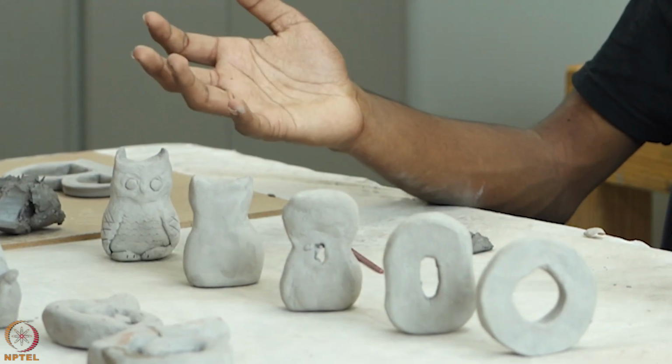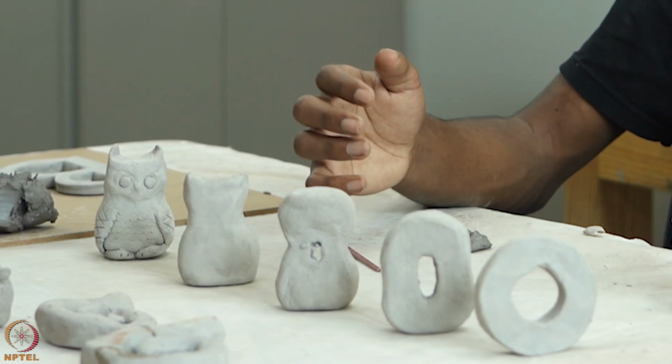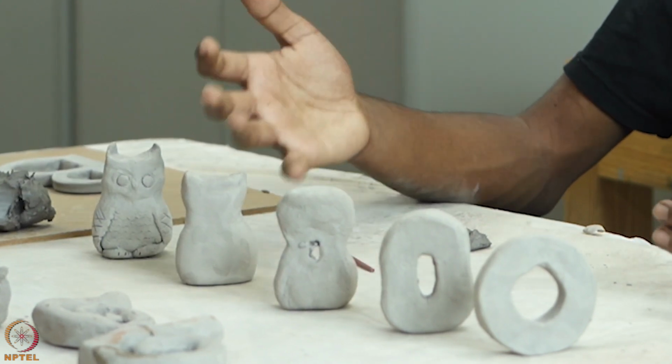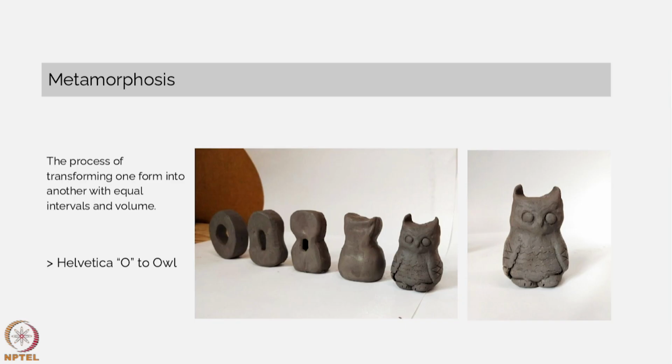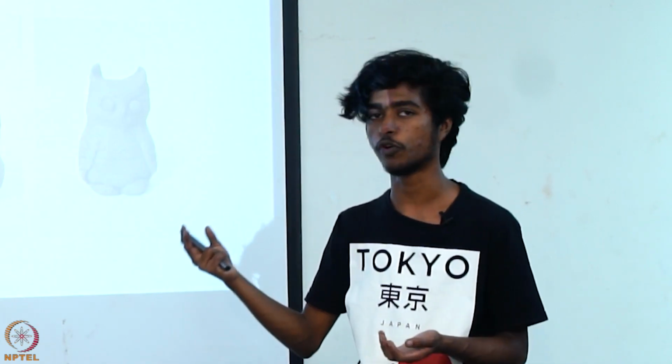I started by creating the detailed image and making each step individually. After making the detailed image, I started creating small intervals in between. Another part was bringing small details, which help in the meaning of the overall form and in the continuity of the whole form.